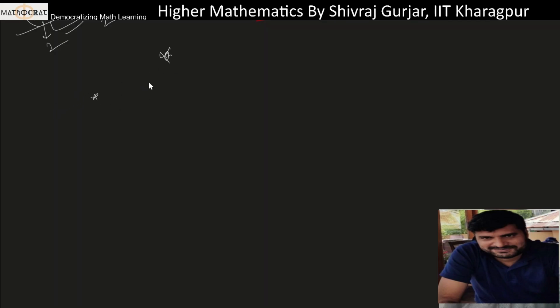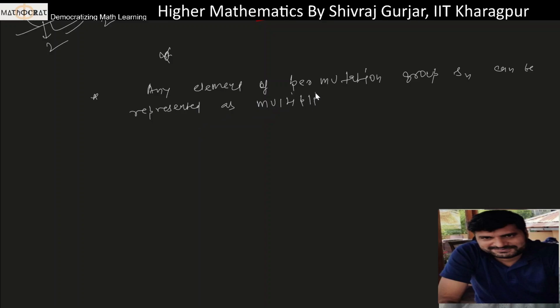Any element of a permutation group, let's say Sn, can be represented as a multiplication of disjoint cycles.